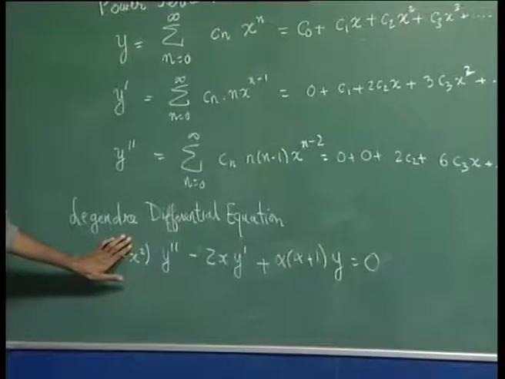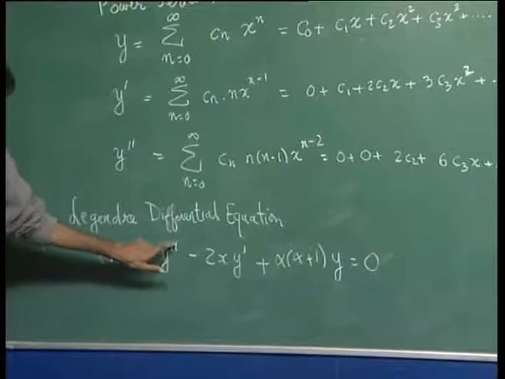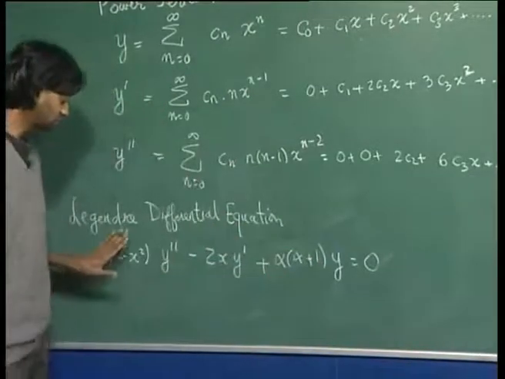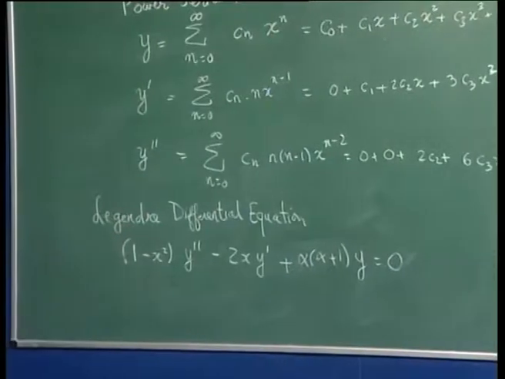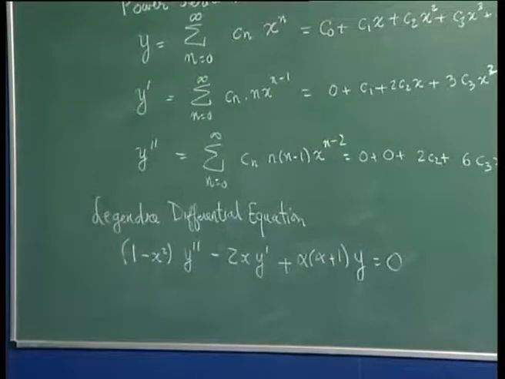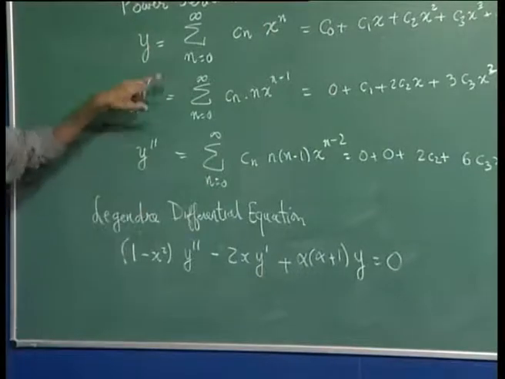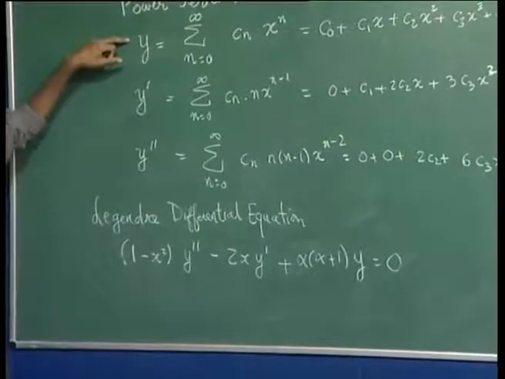So, the solution would be of the form, x square multiplying y double prime, x multiplying y prime, constant multiplying y. So, x raised to alpha would be a solution, okay. But that is not the case, and in this case you really do not know what the solution looks like. So, you try a power series solution.